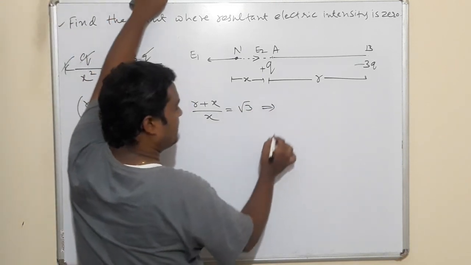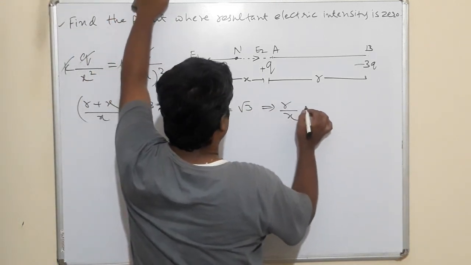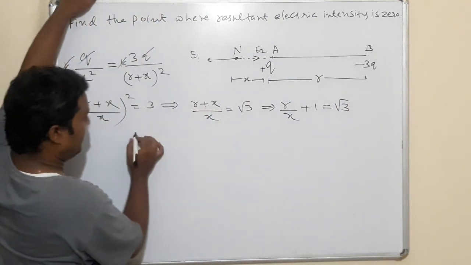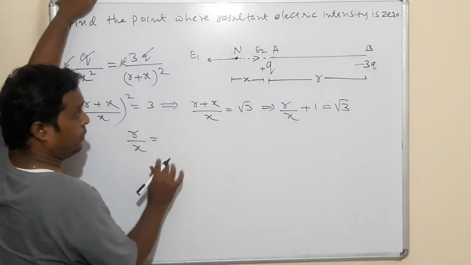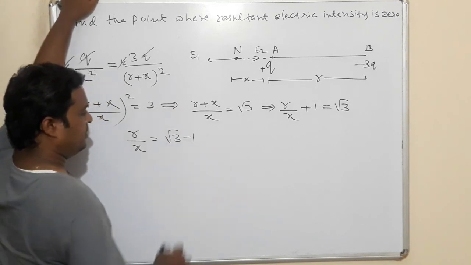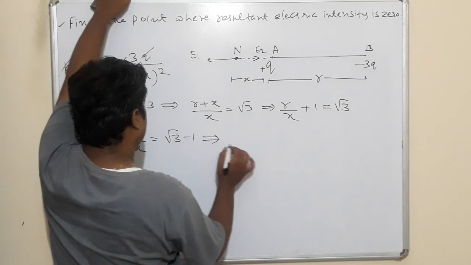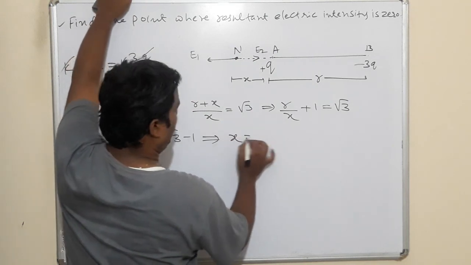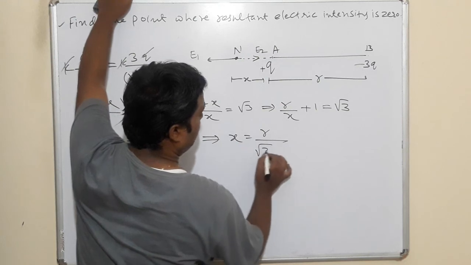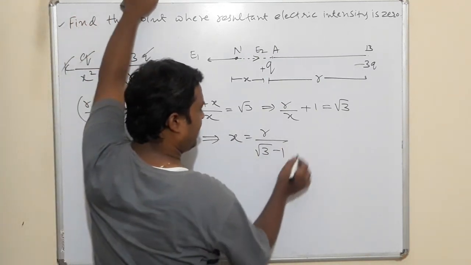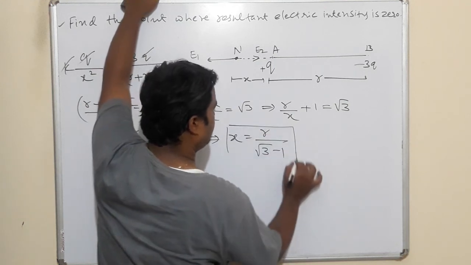We can write R by X plus 1 is equal to root 3. Then R by X is equal to root 3 minus 1. We want to find the value of X, don't forget. So X will be equal to R divided by root 3 minus 1. You can write this or you can leave it as it is.